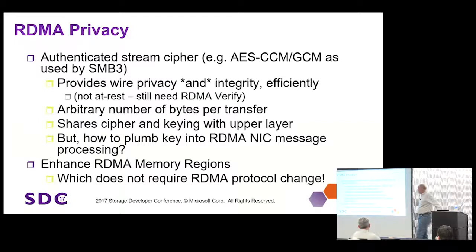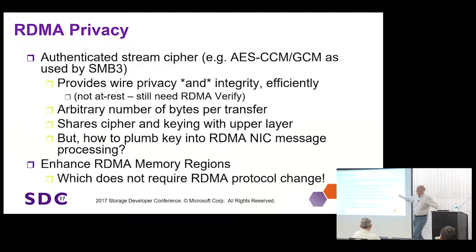Upper layers, particularly SMB3, use authenticated stream ciphers, right? Stream ciphers have some really nice properties. They provide privacy and integrity together, right? If you don't have the proper key, you can't get the data, but you can also be guaranteed that you know the data was good or bad. The act of decrypting it tells you whether that was valid.